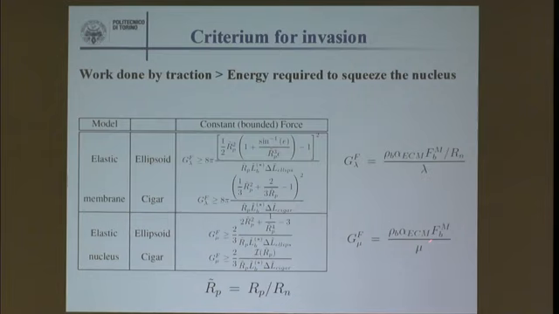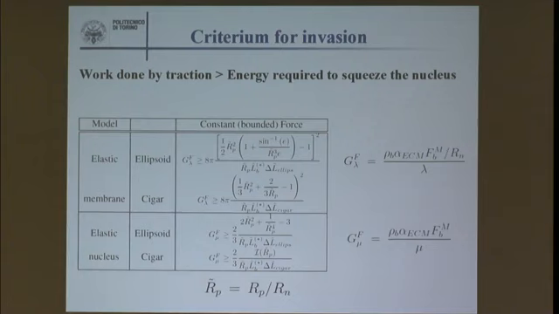So it measures, in some sense, the active force of the cell versus the nucleus stiffness. This ratio is to be larger than a certain value that depends on what? This Rp is the ratio of the radius of the pore with respect to the radius of the nucleus.